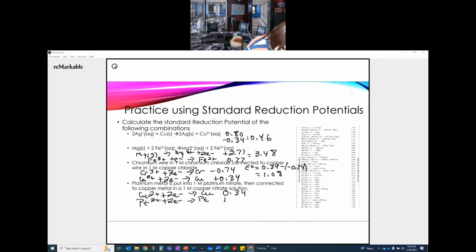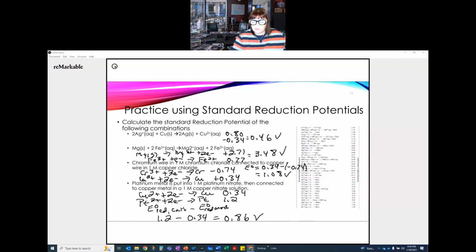That is 1.2. So again, I'm taking E reduction cathode minus E reduction anode, which is going to be equal to 1.2 minus 0.34, and that gives me 0.86 volts.